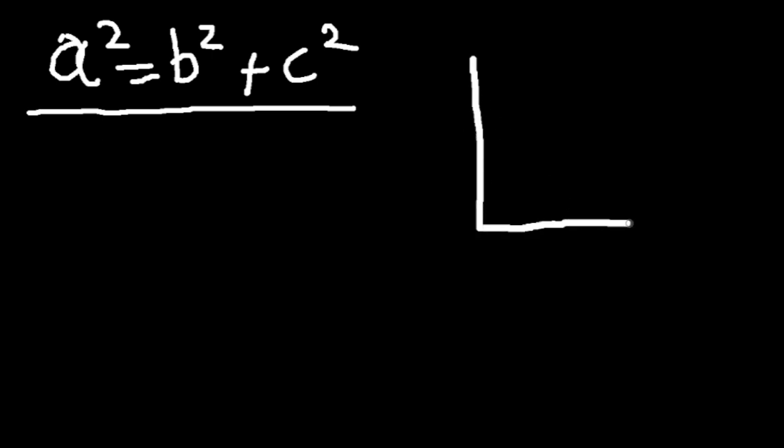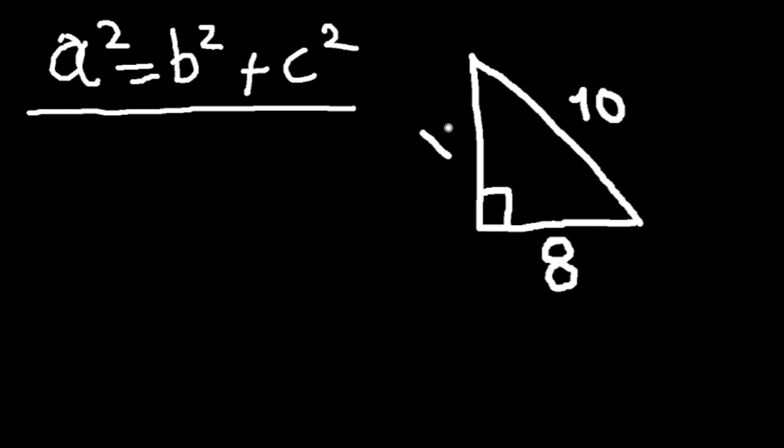This time I'll make it be a bit different. Alright, so we do that. Okay, we know, right? Alright, so we know that this side is 10 and this side is 8, and we're looking for this side.